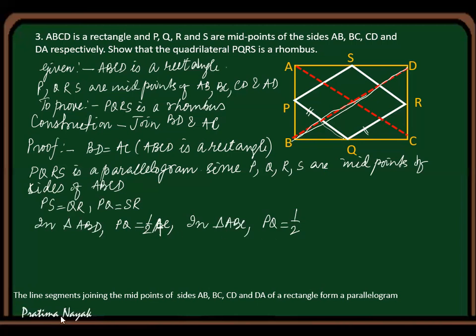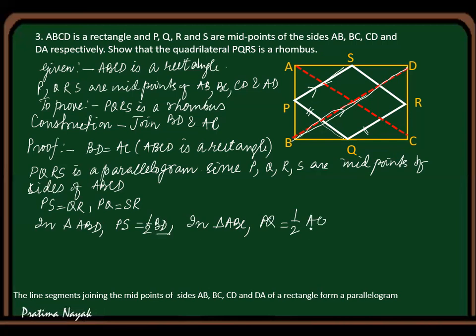I hope you understood. In ABD, PS is equal to half of BD. In triangle ABC, PQ is half of AC.